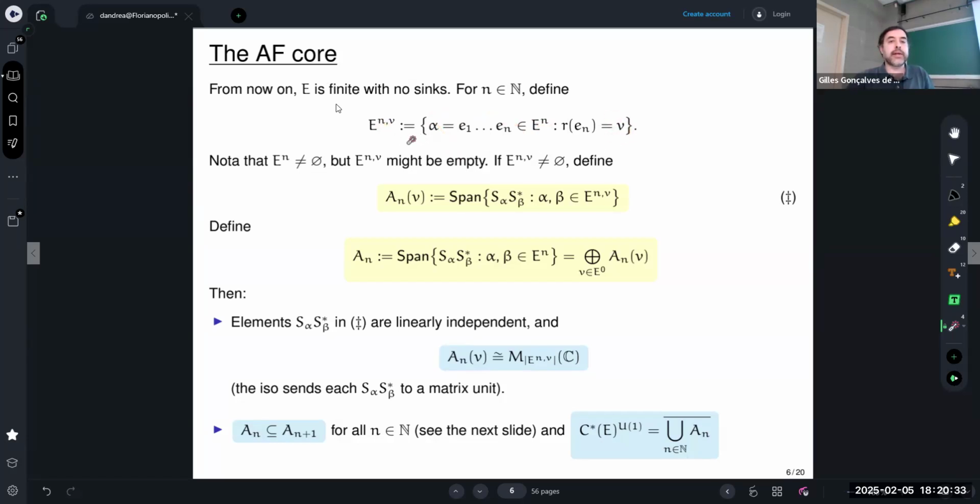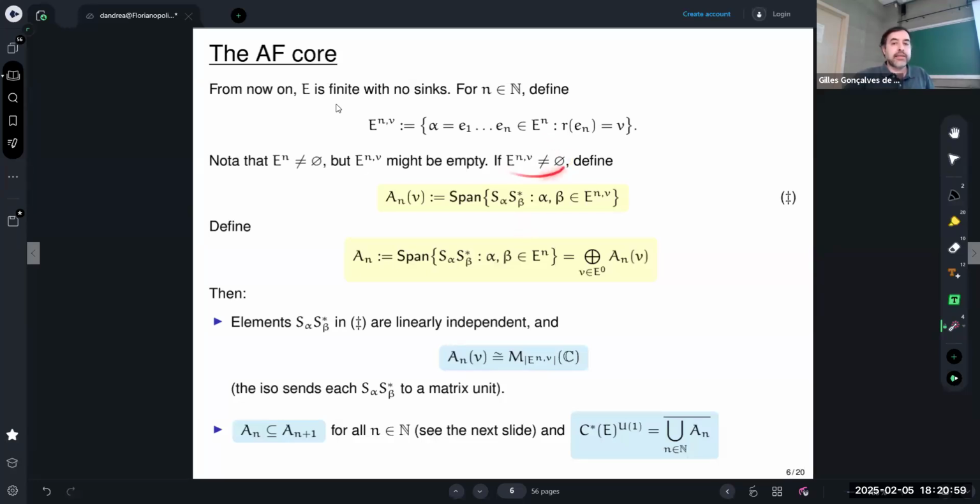So n is the length of the path, v is the range, meaning the range of the last edge. If your graph has no sinks, note that E^n is always non-empty because you can always extend a path. Any path can be extended and you get paths of any length. But E^n_v could be empty for some choices of n and v.